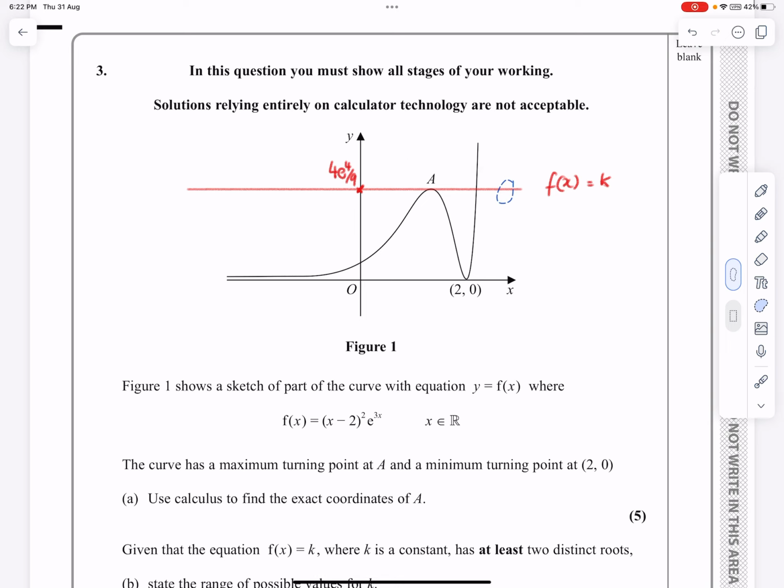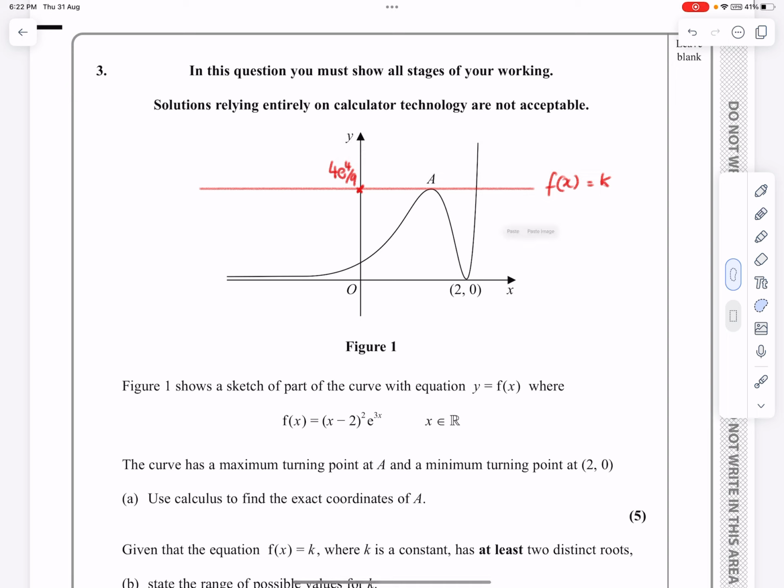As I now move this down, 3 roots, but it says at least 2. So all the way down here, there's more than 2 roots, there's 3 roots, keep going, keep going. Now at some stage here, when we hit this asymptote, that's going to be the other limit.